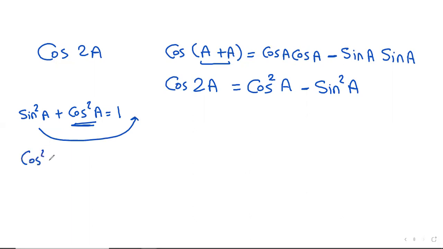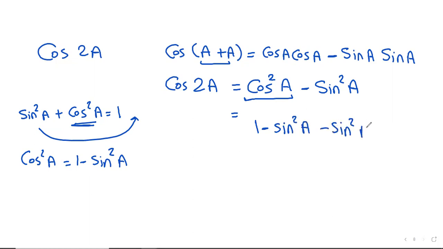So cosine squared A is equal to 1 minus sine squared A. Then we are going to write, instead of cosine squared A, 1 minus sine squared A, minus sine squared A. That is equal to 1 minus sine squared A minus sine squared A, which is 1 minus 2 sine squared A.